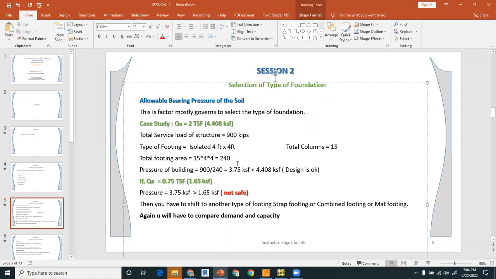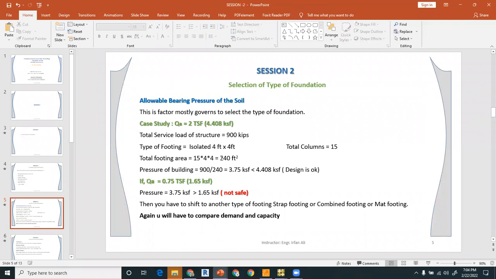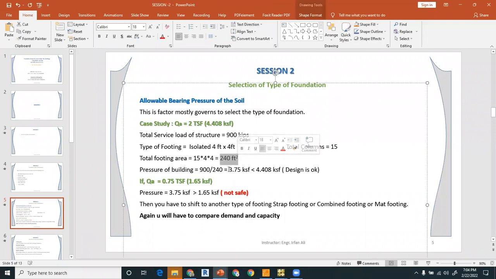Let me write the units, that is the square foot, right? This 240 square foot area is the bearing area, which will bear the load coming from the superstructure, which is equal to 900 kip, right?